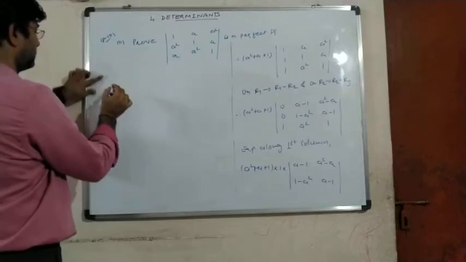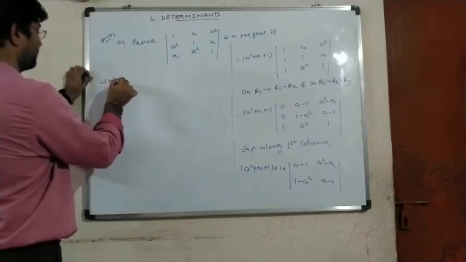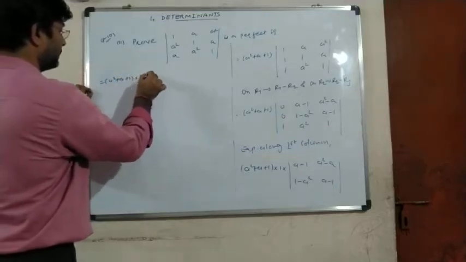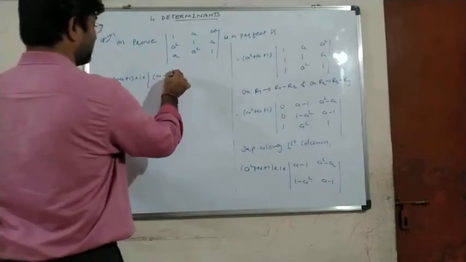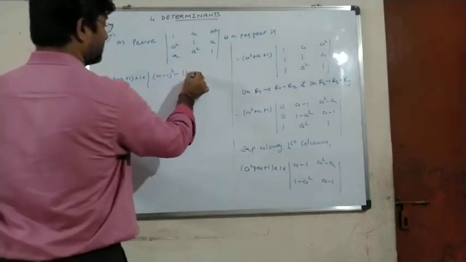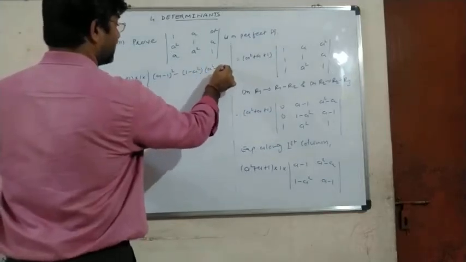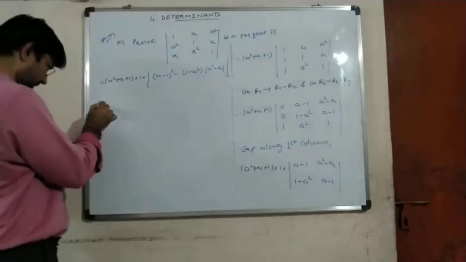Therefore we have a square plus a plus 1 into 1 into we have a minus 1 the whole square minus 1 minus a the whole square into a square minus a. Okay, now let us simplify.